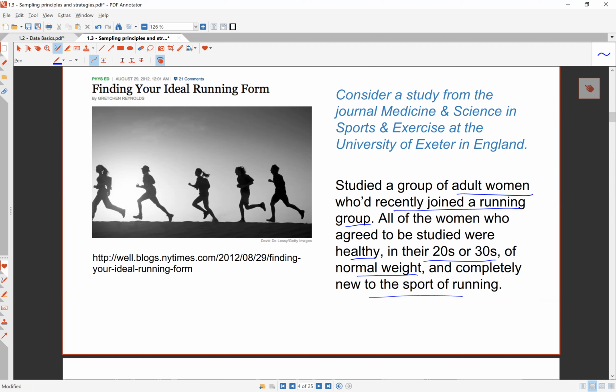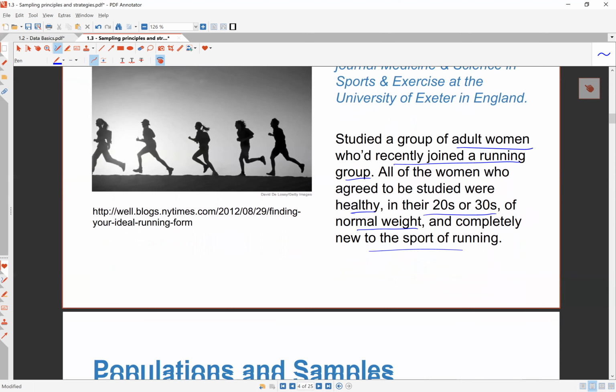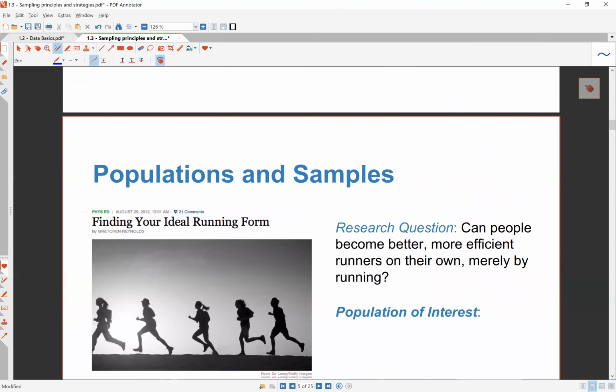But the study kind of missed the boat on this one, because if they really wanted to make a statement about all people, then they shouldn't just be studying women in their 20s and 30s, right? That's a much narrower focus than what the intent of the original study was.